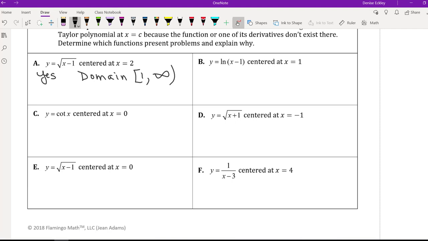The next one is y equals the natural log of x minus 1 centered at 1. For this one the answer is no, because at x equals 1 we're not in the domain. We end up with ln of 0, which is undefined.